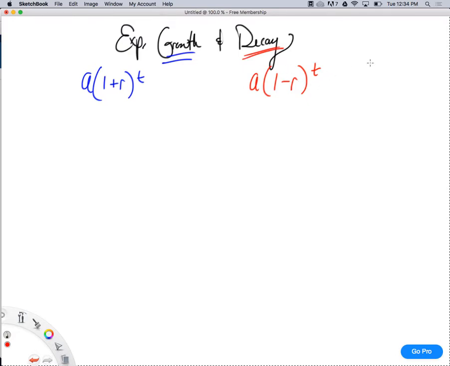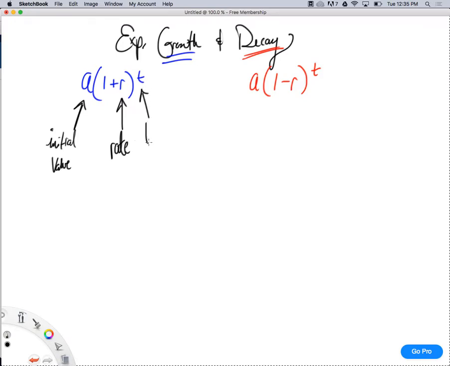It seems like it's two equations, but really it's just one equation. And we know that A is your initial value, r is your rate, and t is your time.